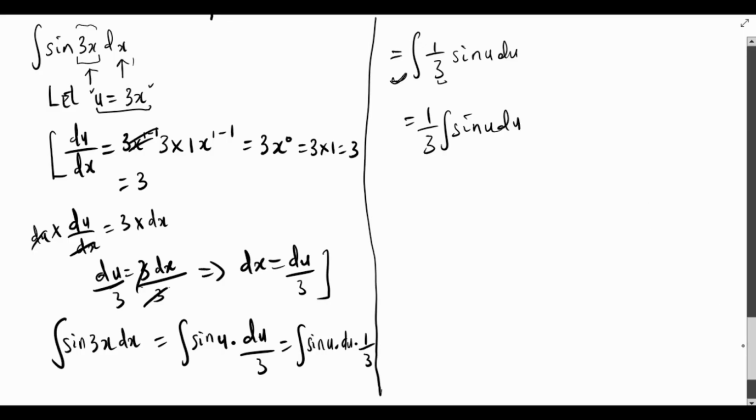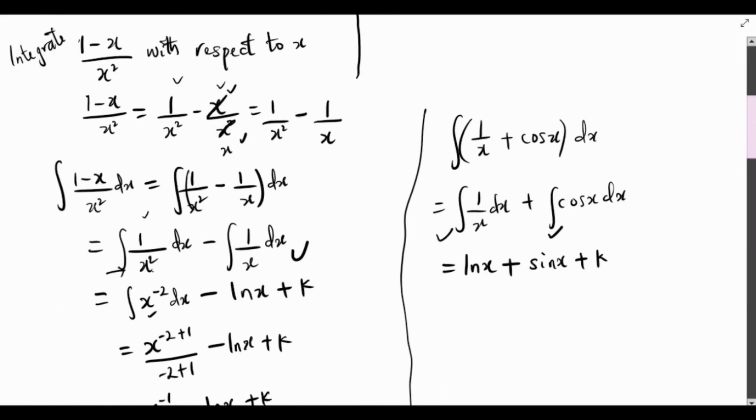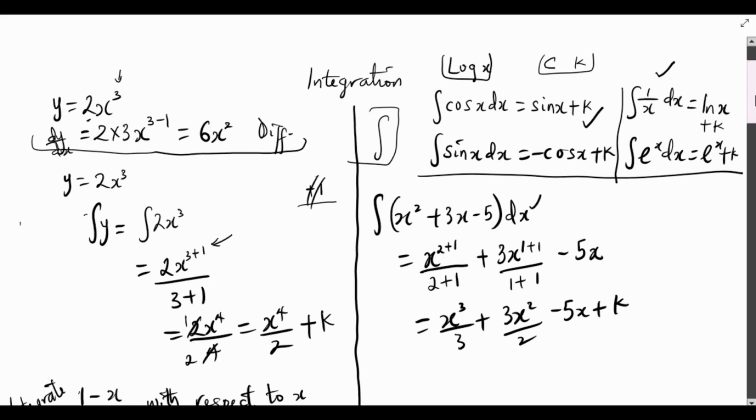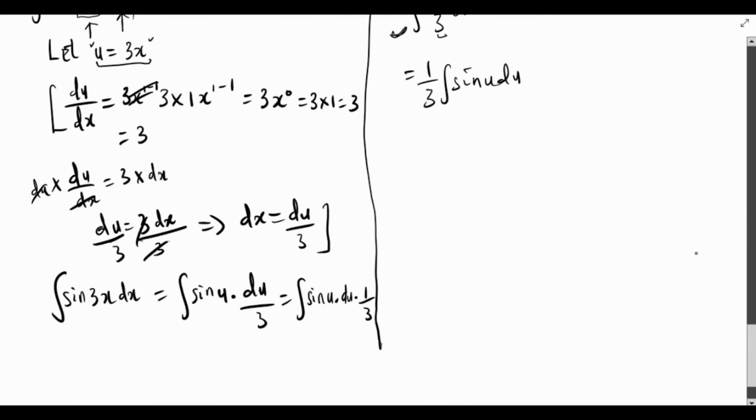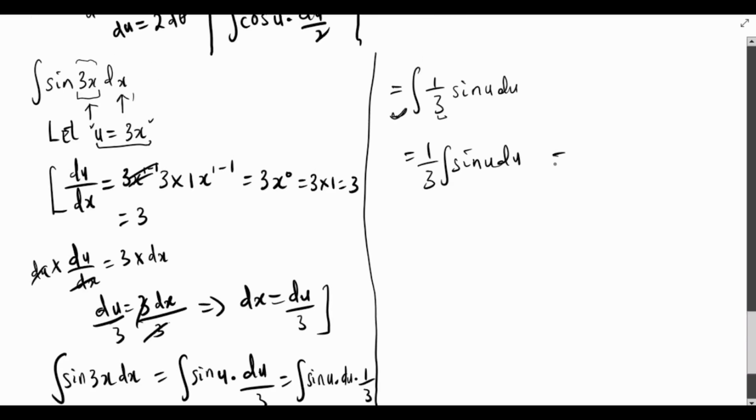Now the integral of sine u is negative cos u, right? So this is negative cos u. So this is 1 over 3 multiplying negative cos u plus k constant. So that is negative 1 over 3 cos u plus k.